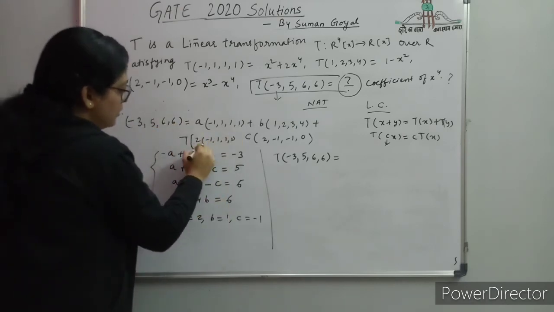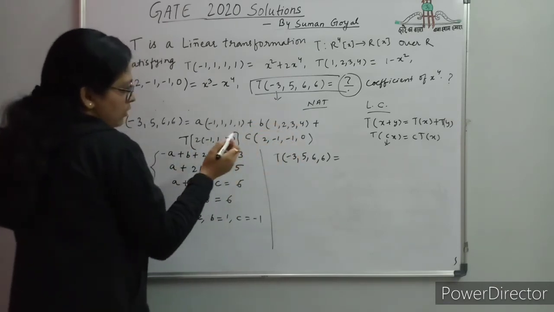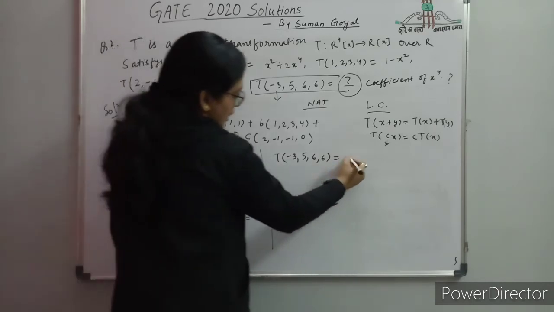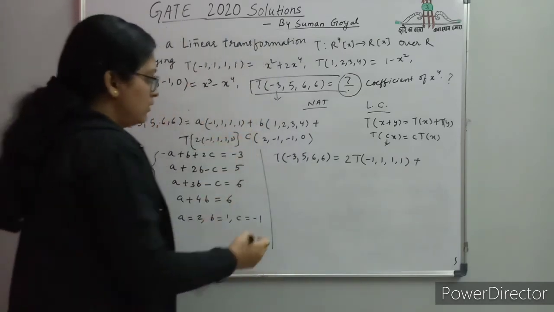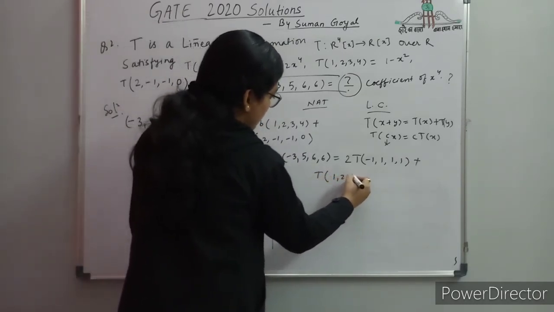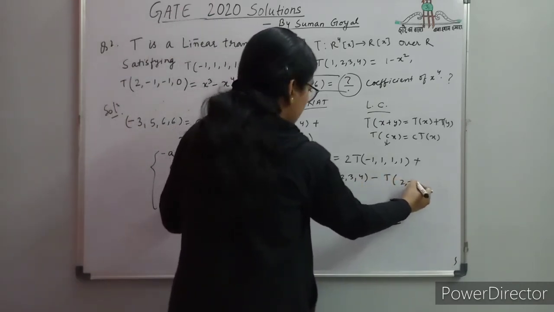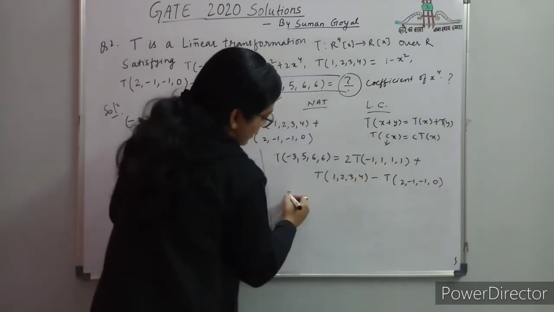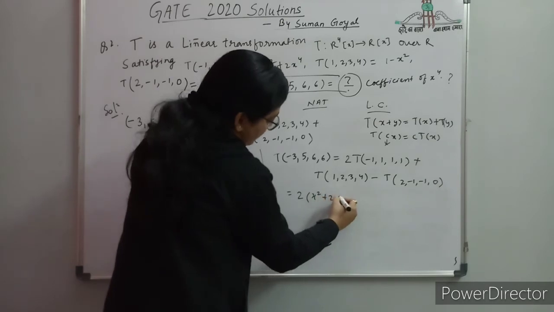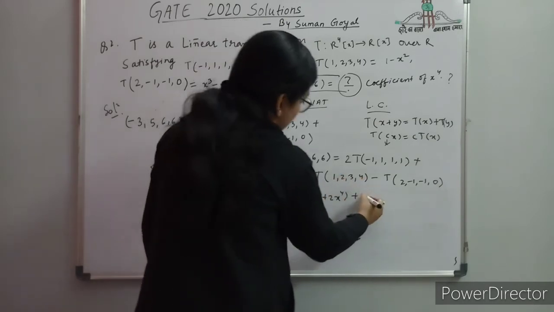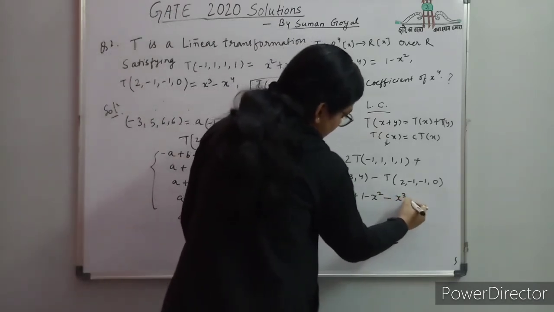So if you take the linear transformation T, using that property, you can write 2 comes out, and T of this, b is 1 here, so T of 1 2 3 4, and lastly c is minus 1, so minus T of 2 minus 1 and 0, and these are given in the question. T of minus 1 is x square plus 2x4, plus this is given as 1 minus x square, and this is nothing but x cube minus x4.